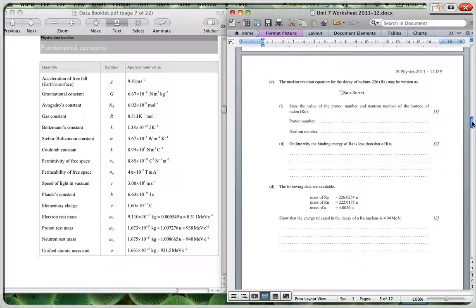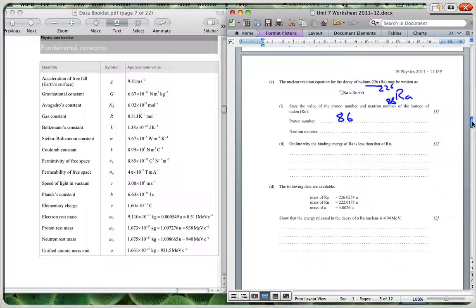Here it says the nuclear reaction equation for the decay of radium-226 may be written as this. So we've got our proton number is equal to 88 and the mass number 226.